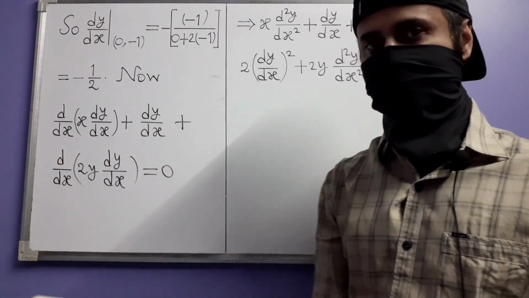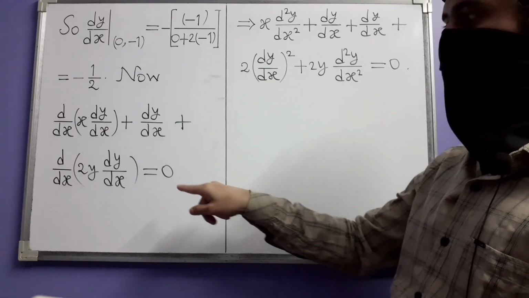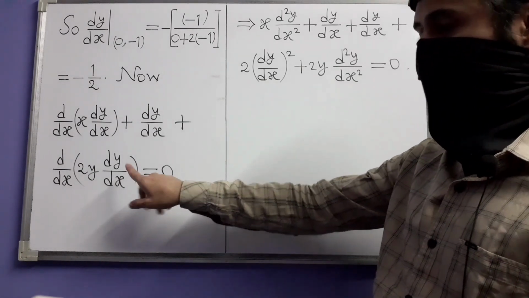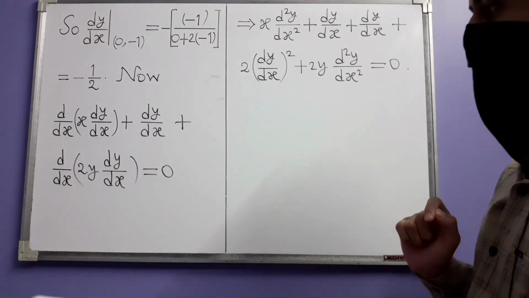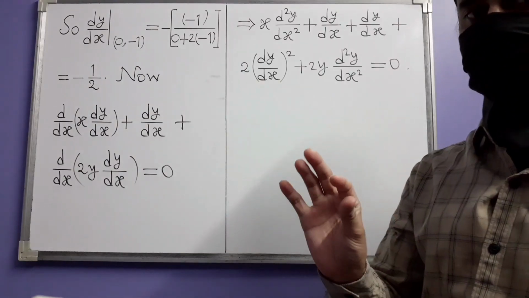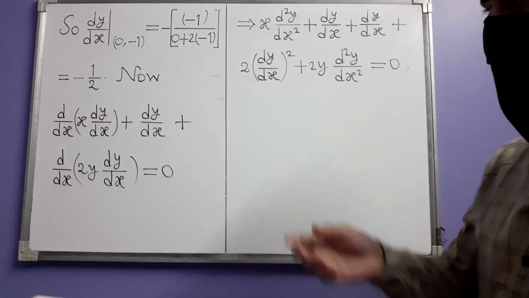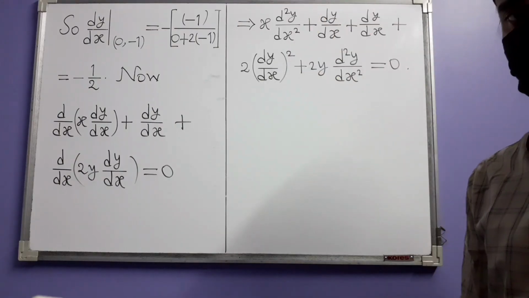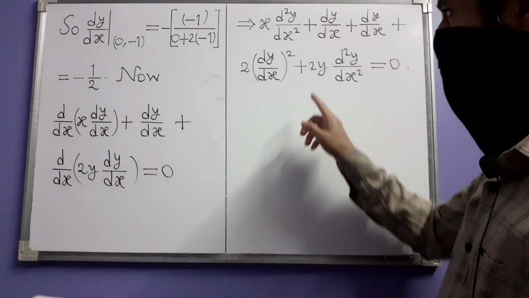First 2 comes out by the constant multiple rule, and then we apply the product rule on the product y times dy/dx. This time if you keep dy/dx as it is and differentiate y with respect to x, you get another dy/dx. So you have the square of the first derivative, plus 2y.